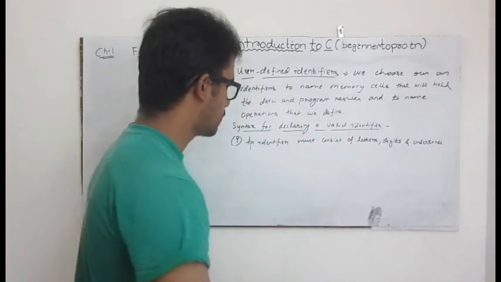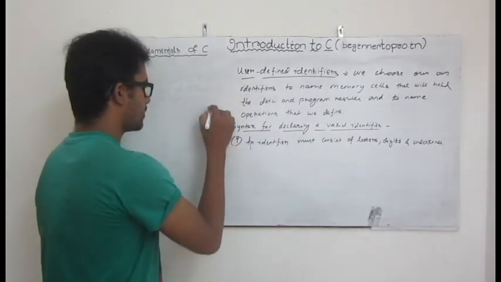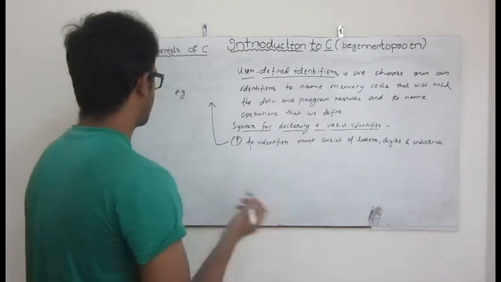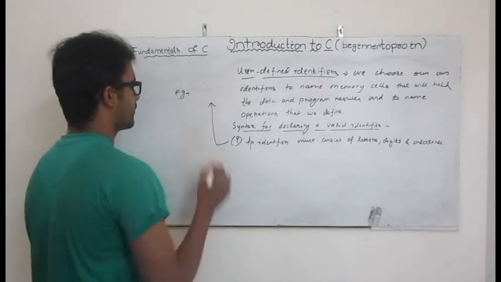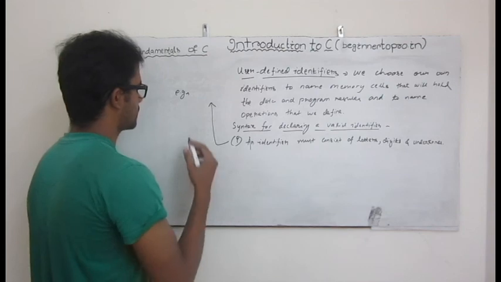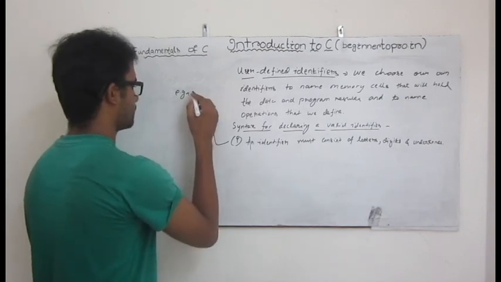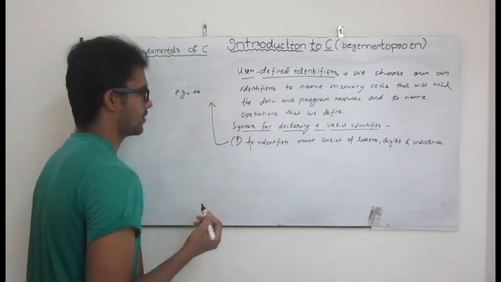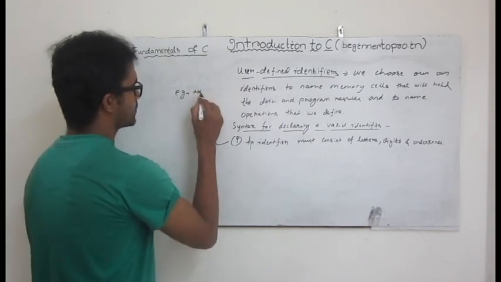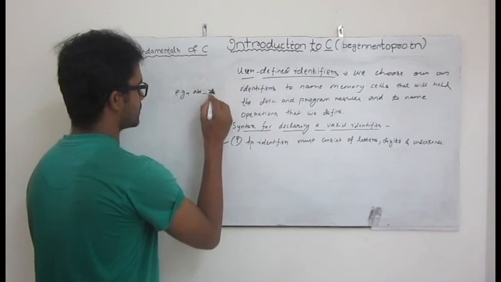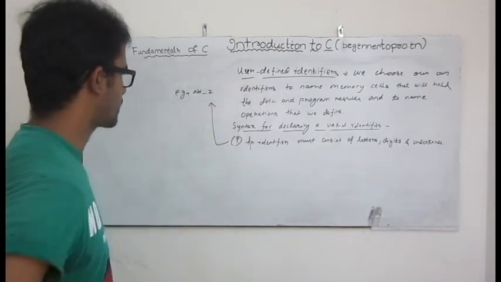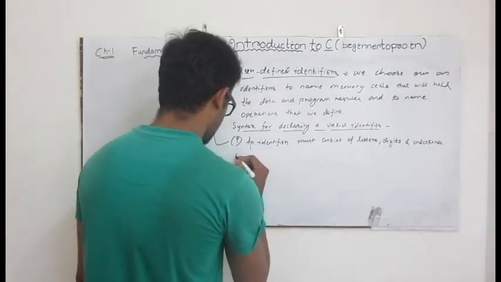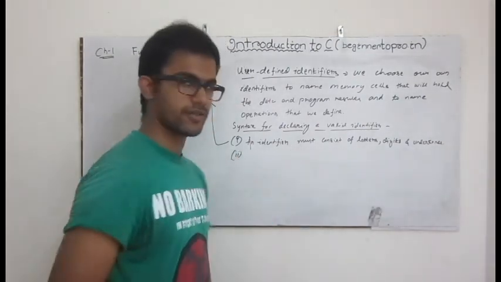So let's have an example. An identifier must consist of letters, you can say A, B, and digits. You can write like this. Now we'll understand what the second rule says.